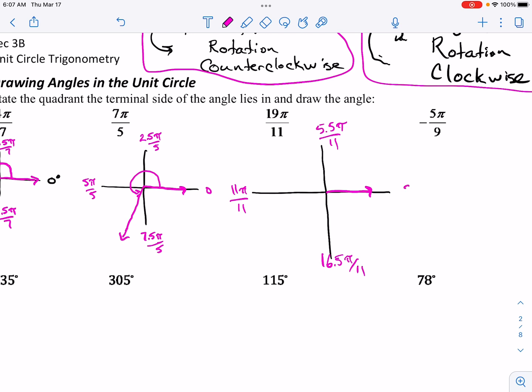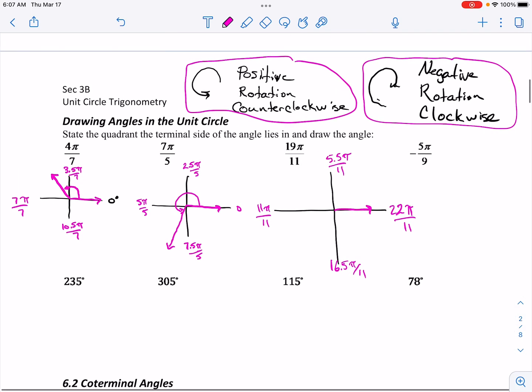All the way around would be 22 pi elevenths. So 22 pi elevenths would be the same as 0 radians. So 19 would be somewhere in the 4th quadrant, and we would rotate counterclockwise to get there. It doesn't have to be spot on. It just needs to be in the right vicinity of where that angle should be.